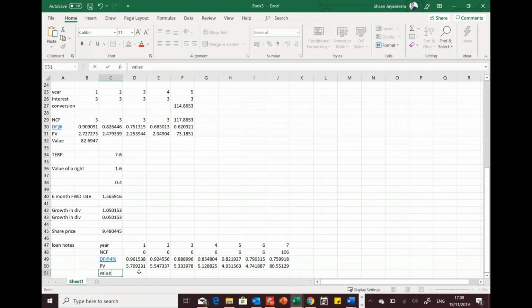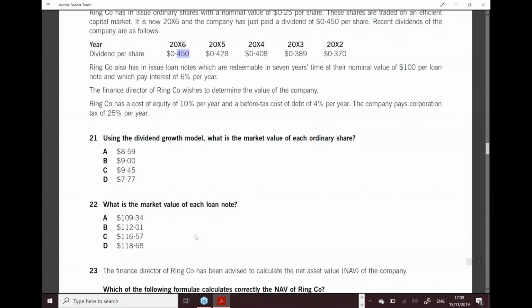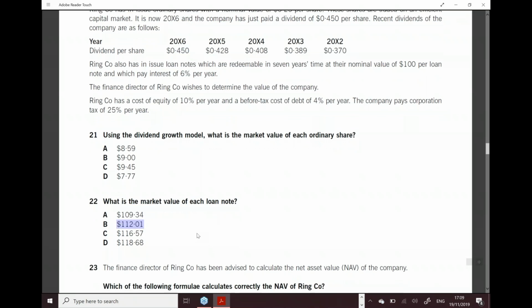And the value should be the summation of all of this. If I just take the sum of all of these present values, it should actually be the market value of the debt, which is around 112. Do we have an answer like that? Yeah, there it is. Answer B.